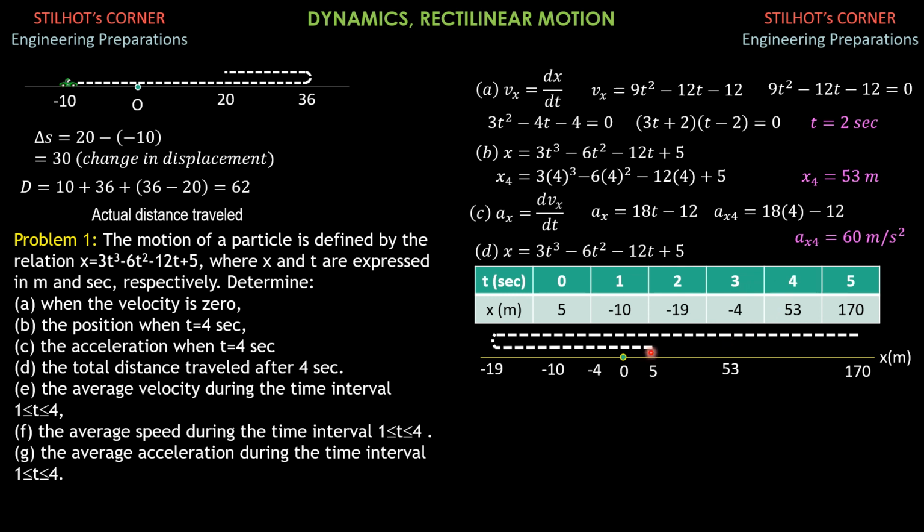So that means that the total distance traveled from the start up to t equals 4 seconds is the length of this path. And the length of that path is 5 plus 19 plus another 19, it went back to the origin, then plus 53.